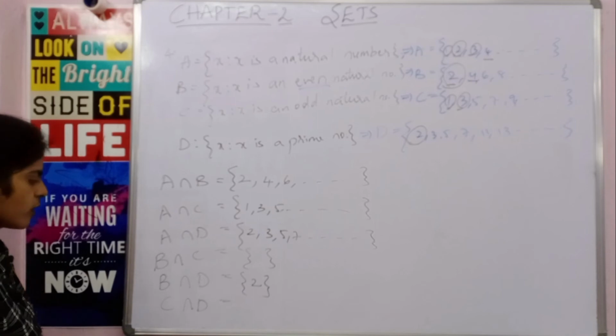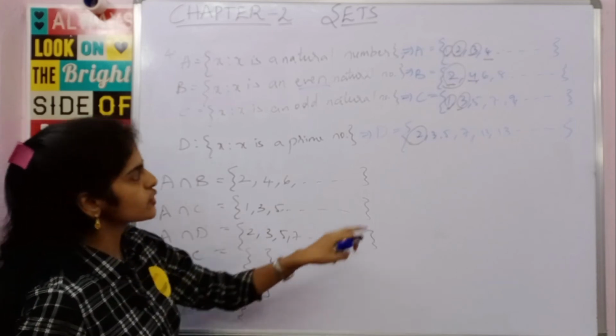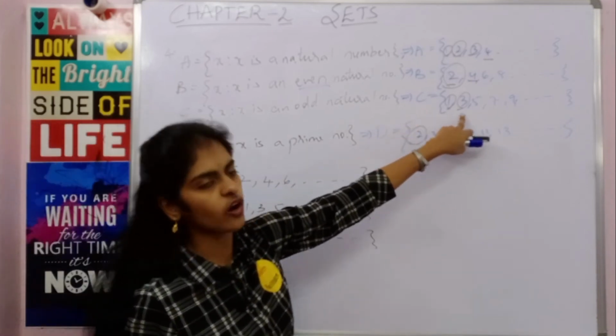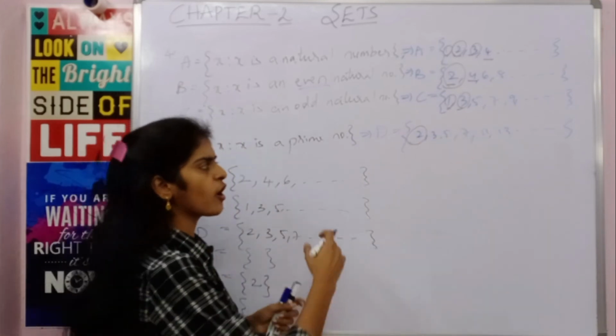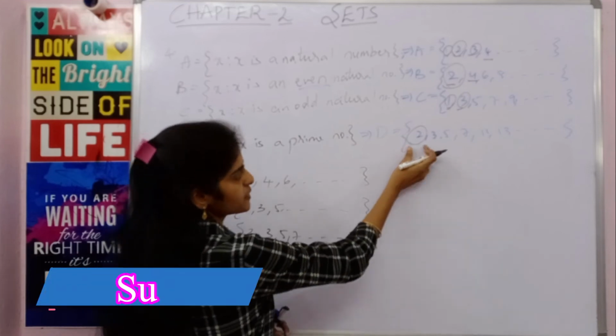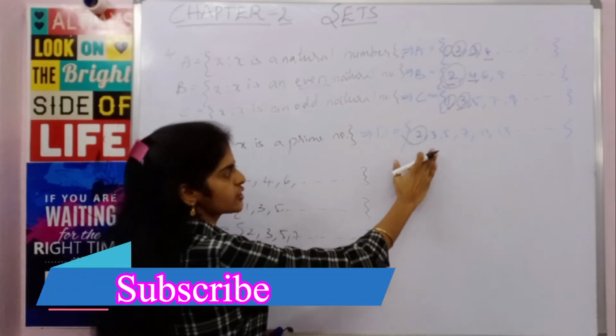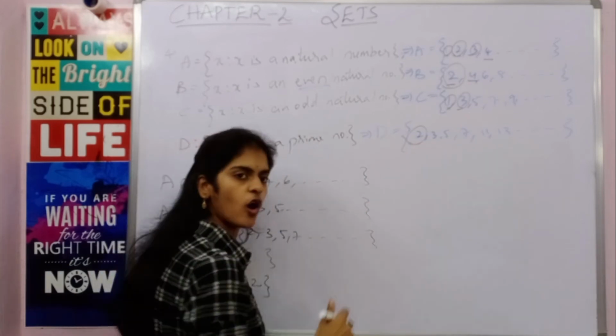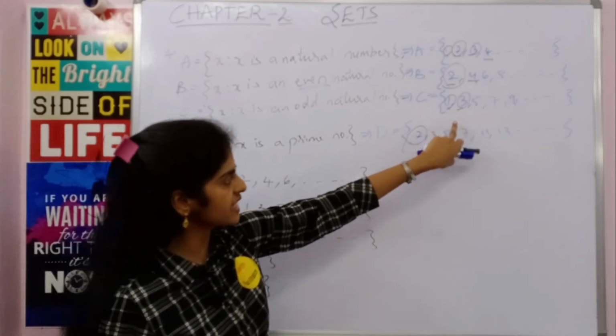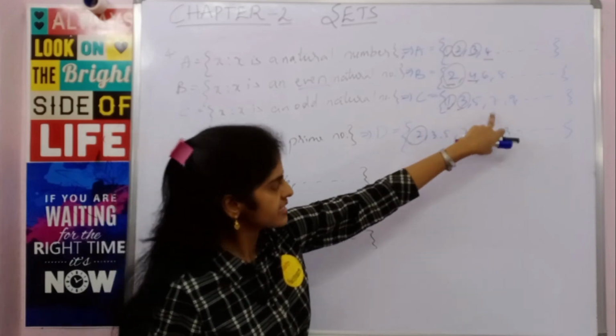Clear? Now what is C intersection D? C has all odd numbers and D has all prime numbers, and you know that all the prime numbers except 2 are odd. So all these numbers are odd numbers, only 2 is even. Here you can see you have 3 here, 3 here, 5, 5, 7, 7.